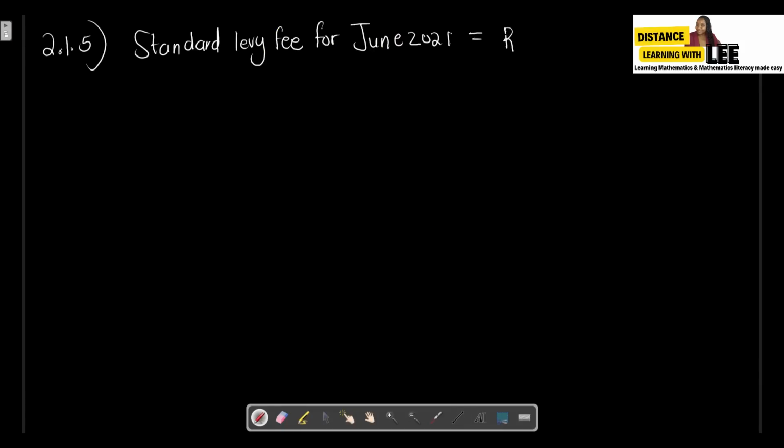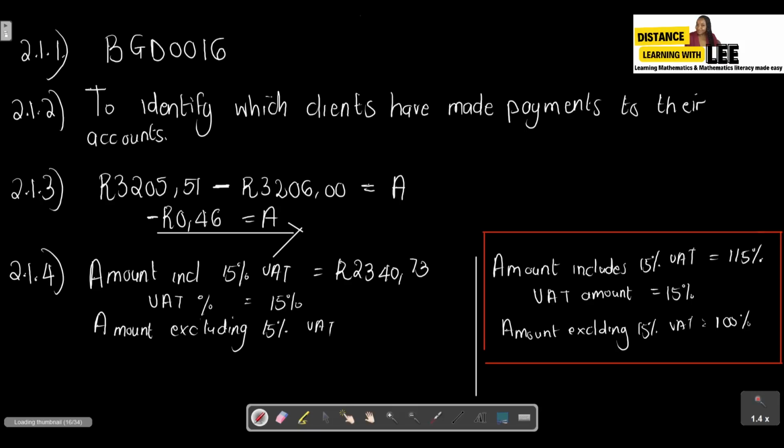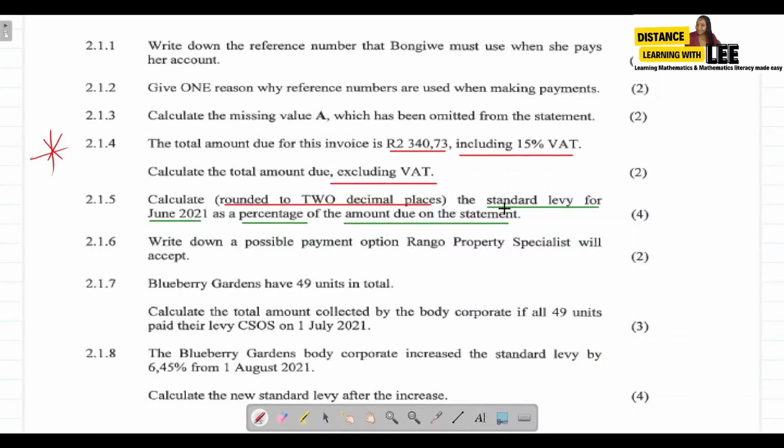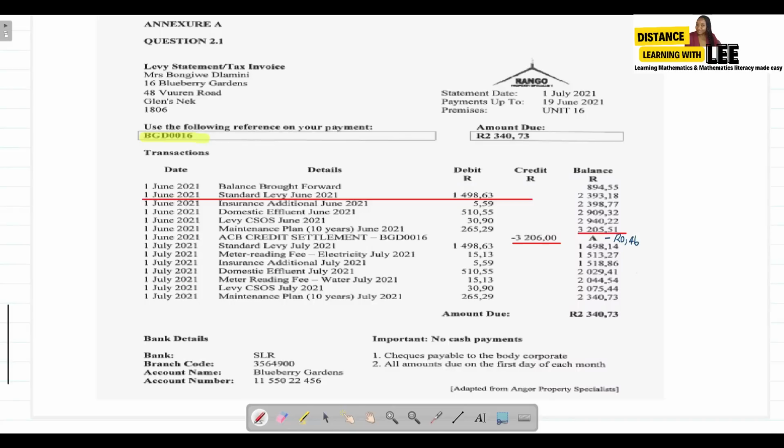Now, what else are we told to do here, right? We want the standard levy fee for June as a percentage of the amount due on the statement. What is the amount due on the statement? Okay, so we go to the statement. What is the amount that is due?